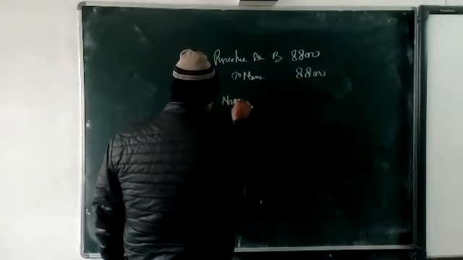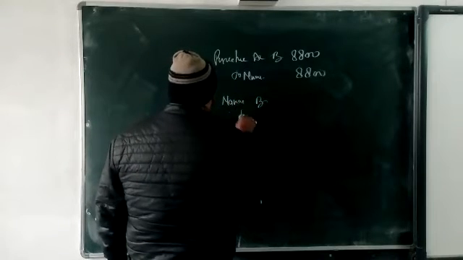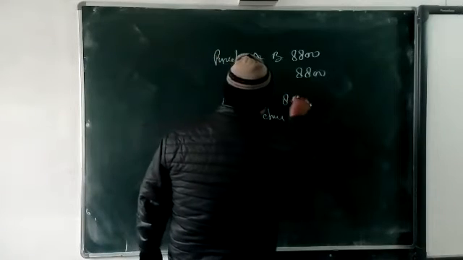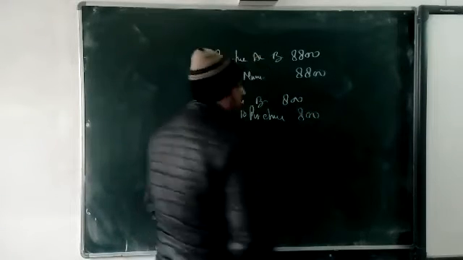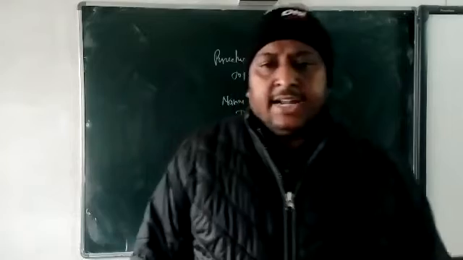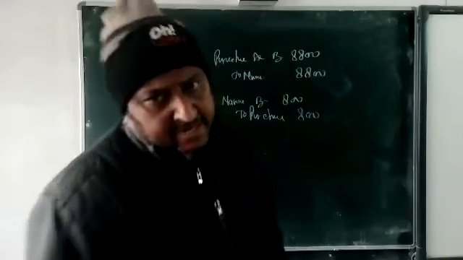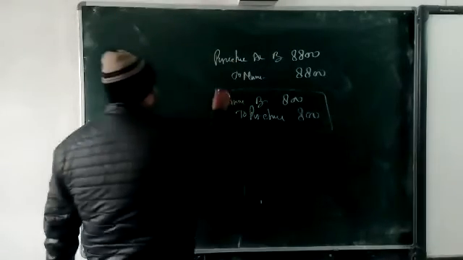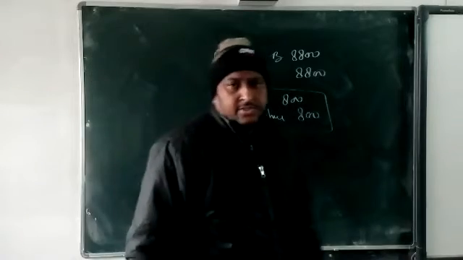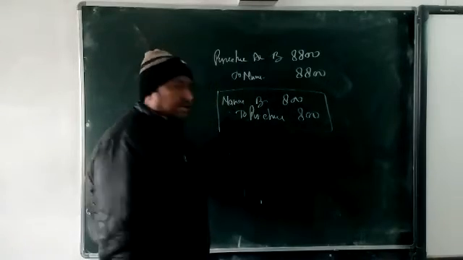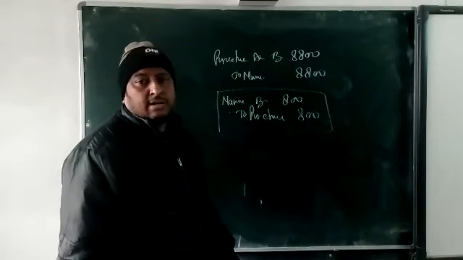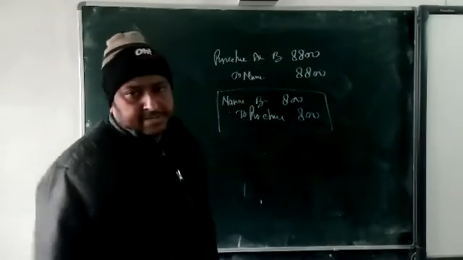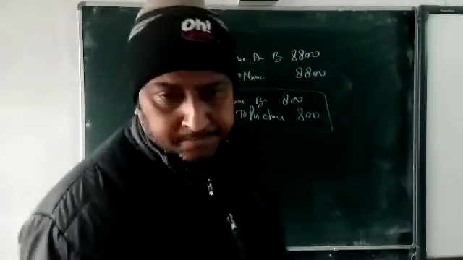Naina debit to purchase, 800. Okay, beta, clear? Then it's a rectified entry. When you solve the question, we do only this entry. The other is only for understanding. Next.